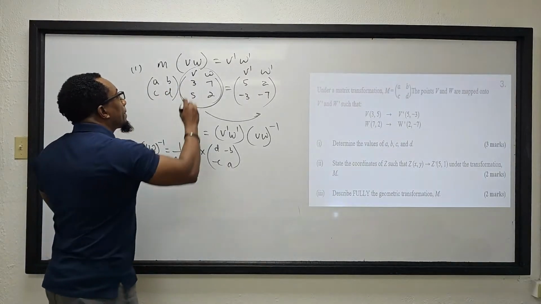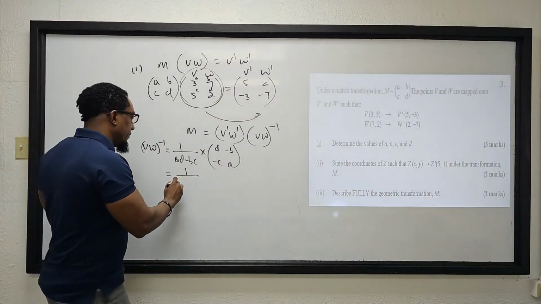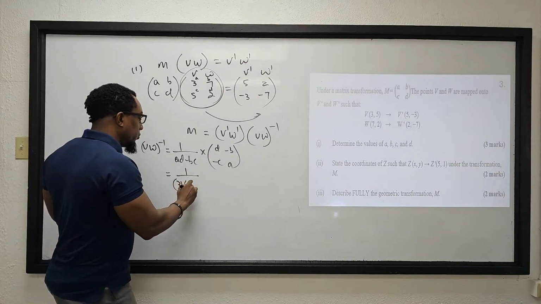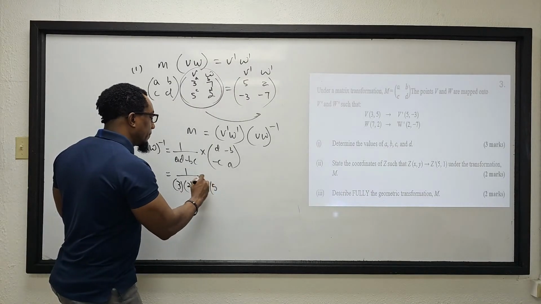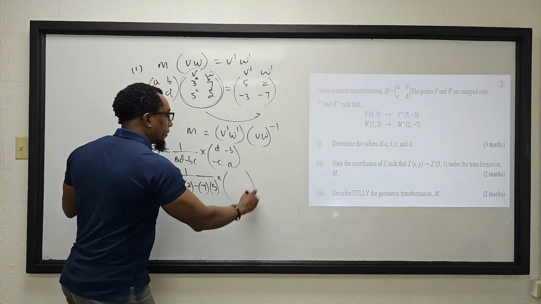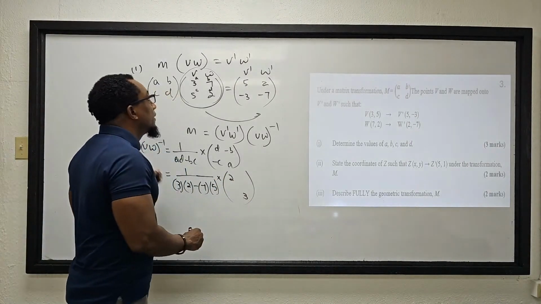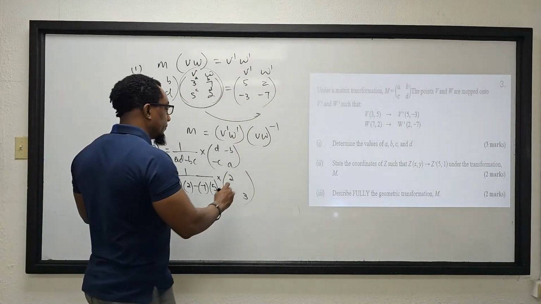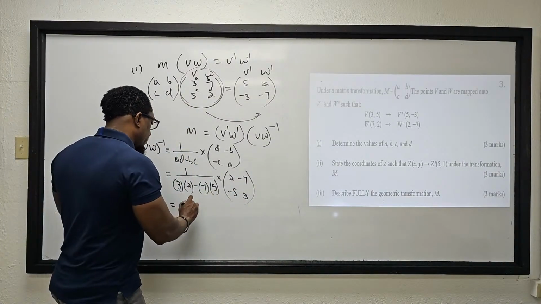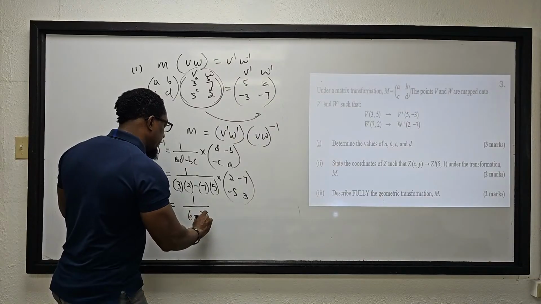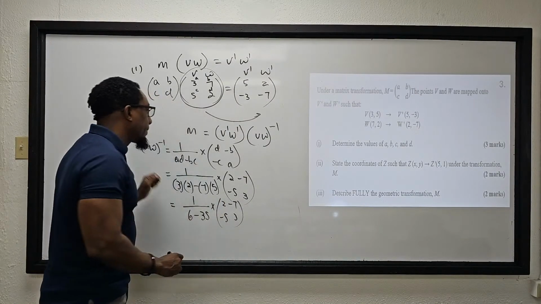This is A, B, C, D: A is 3, D is 2, B is 7, C is 5. Multiply by the adjoint: I'm going to interchange both A and D, and change the signs of B and C. So this will be 1 all over 6 subtract 35, times (2, negative 7; negative 5, 3).